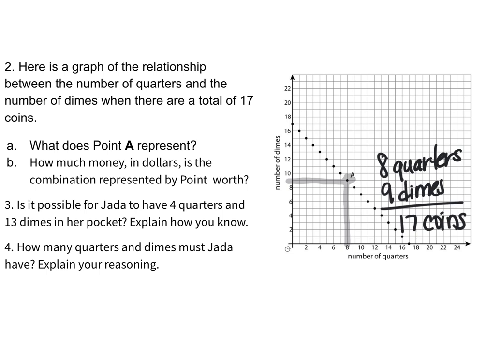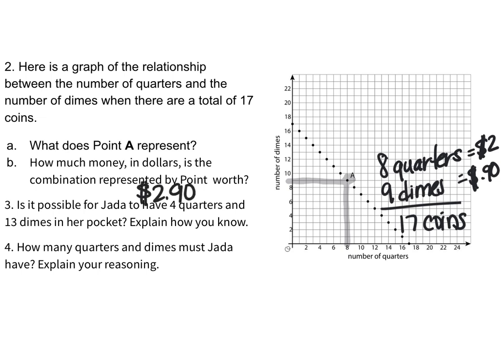Well, how much is this in dollars? If we have 8 quarters, that is worth $2. If we have 9 dimes, that is worth 90 cents. Well, together, that would be $2.90.